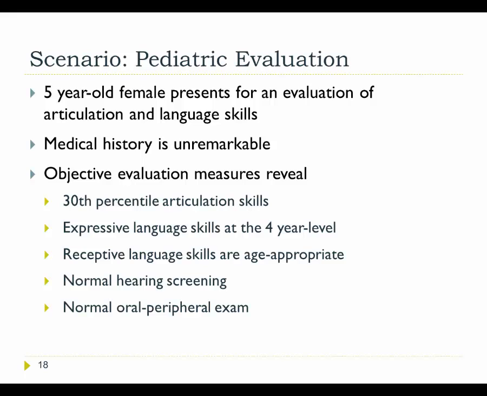In this scenario, you are seeing a 5-year-old girl for an articulation and language evaluation. Objective evaluation measures reveal 30th percentile articulation skills, expressive language skills at the 4-year level, receptive language skills are age appropriate, normal hearing screening, normal oral peripheral exam.